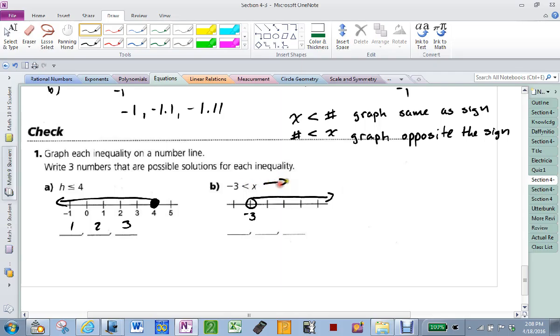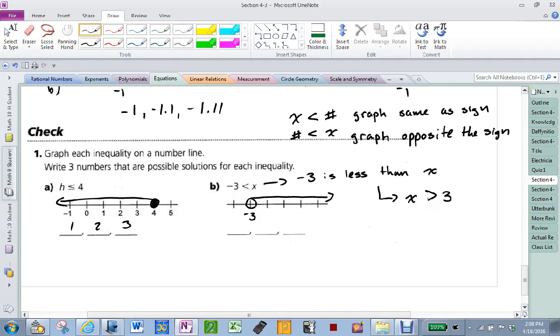This in English says negative 3 is less than x, which means that x is greater than negative 3. Okay? Everybody good?